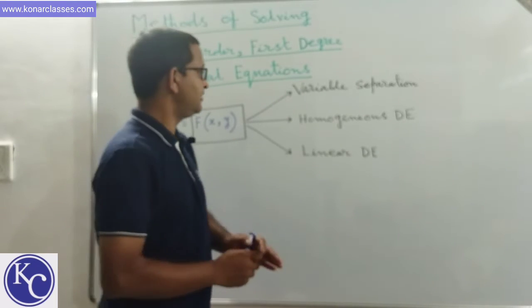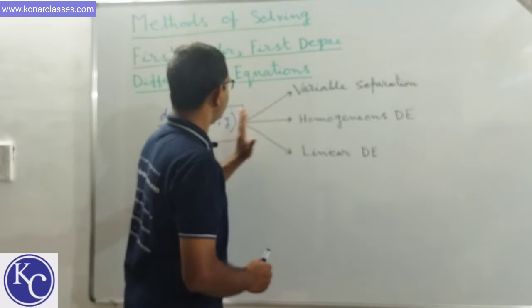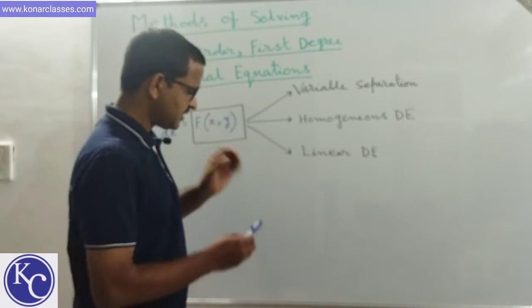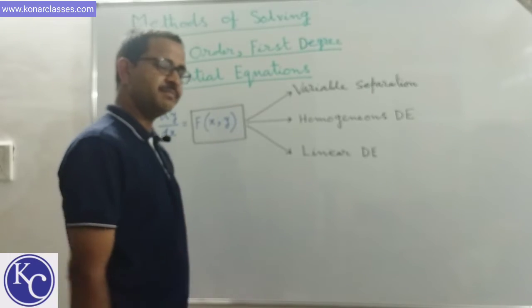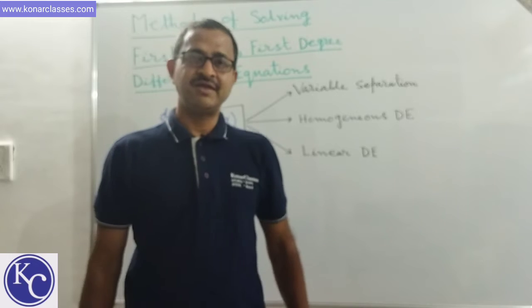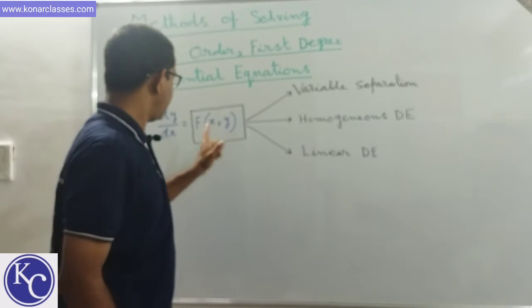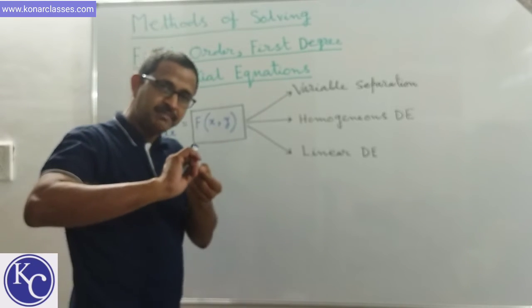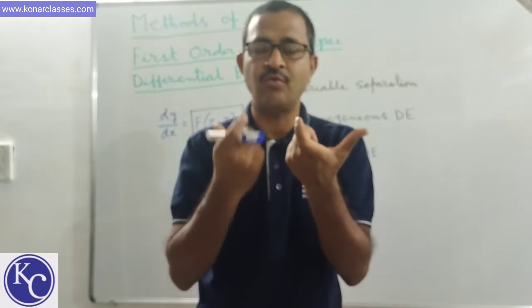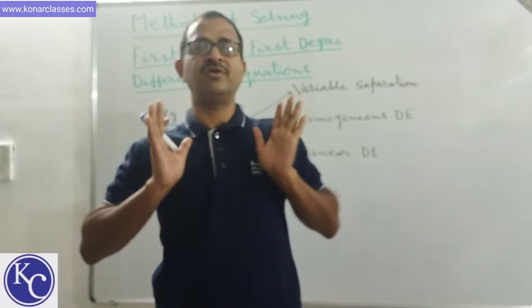Today we learn based on what type of function we take what method. The first one is the variable separation method. As the name suggests, if the function f(x, y) can be made a product of two different functions, one of x and one of y, then this method is applicable.